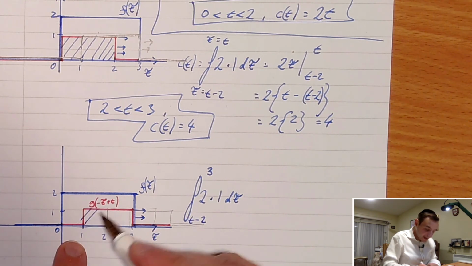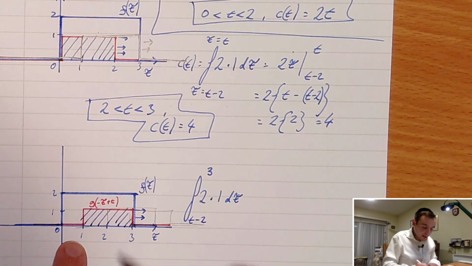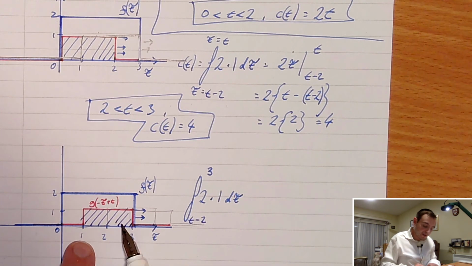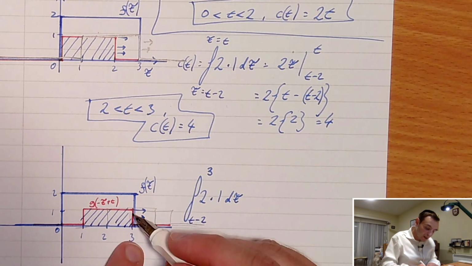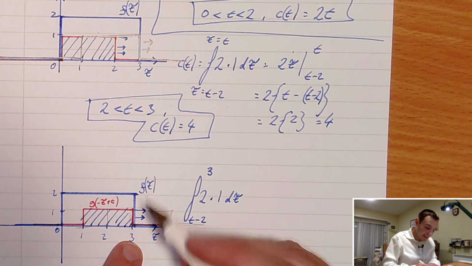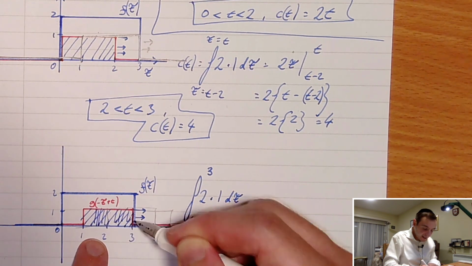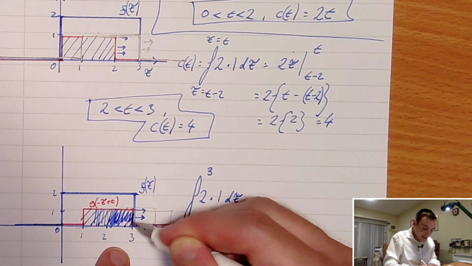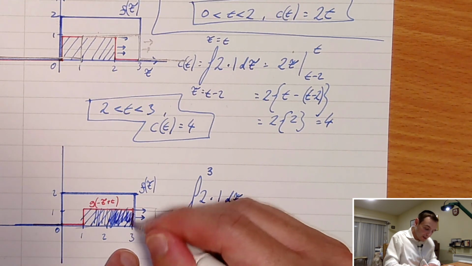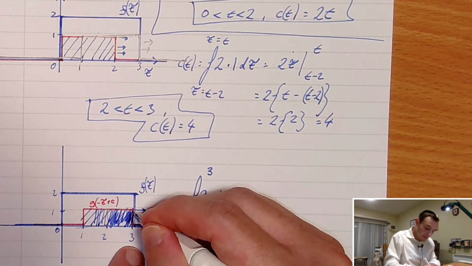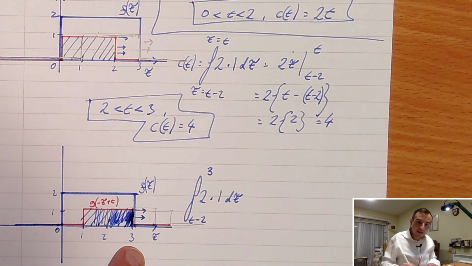We're finding the area of overlap, the product of these two functions. As t increases, we always take the upper limit as 3, but now we're only interested in this area. As t increases even more, we're only interested in this area, and then just this tiny little sliver over here. So that's why the lower limit will be t minus 2. I hope that was clear.